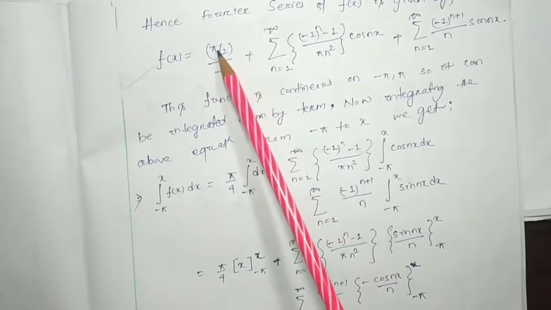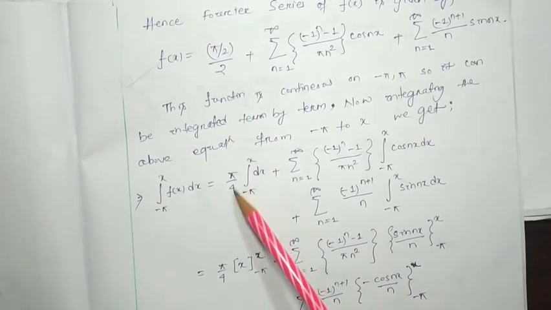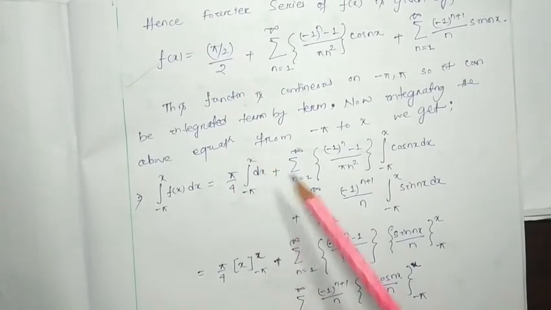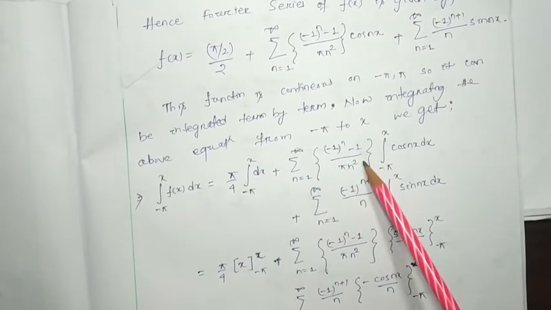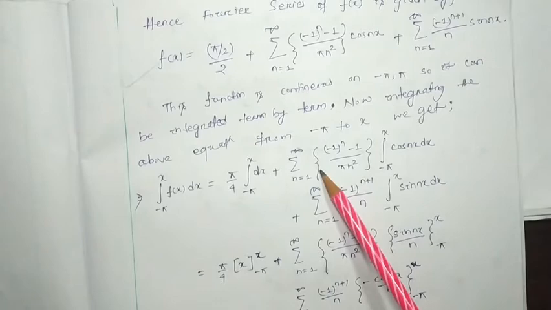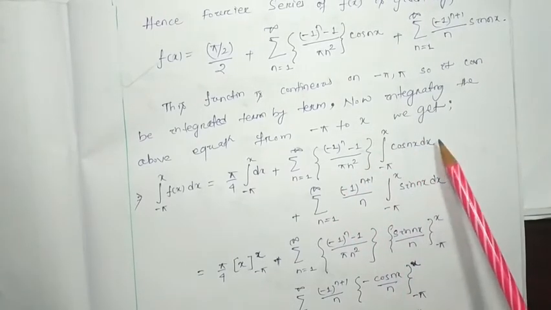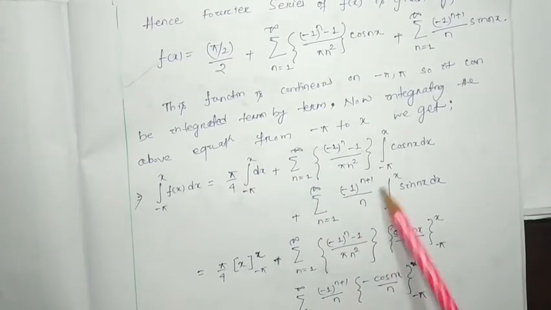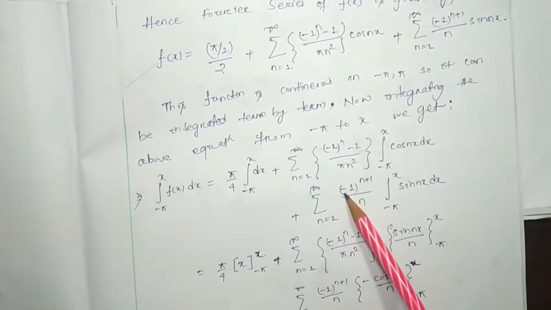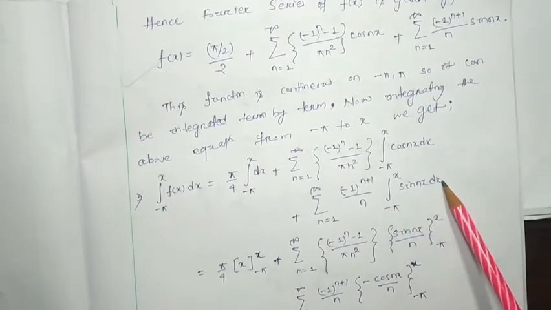This term will be π/4, since π/2 by 2 is π/4. So π/4 times the integral of dx, plus the summation over n equal to 1 to infinity. This is a constant and can be taken outside the integration, the integral from −π to x of cos nx dx, then plus the summation over n equal to 1 to infinity. This is a constant and can be taken outside the integration, the integral from −π to x of sin nx dx.